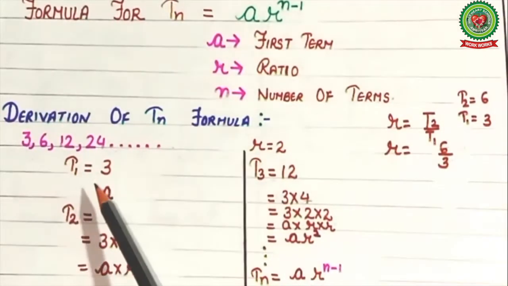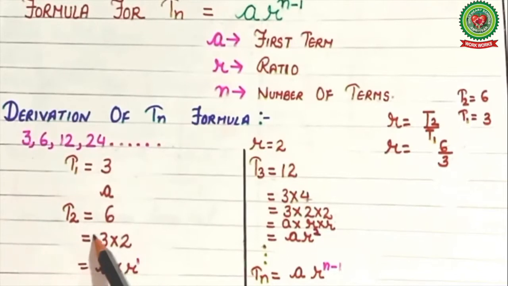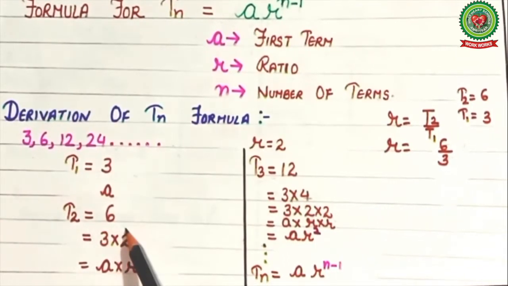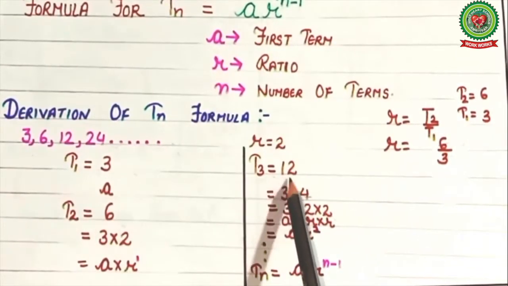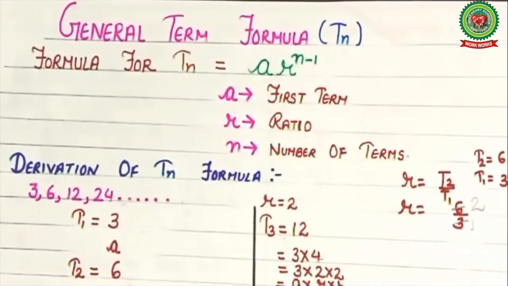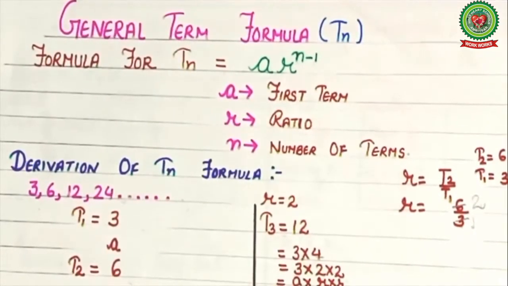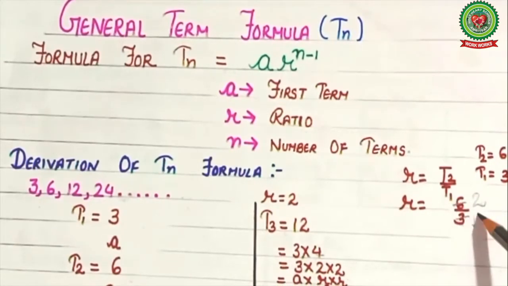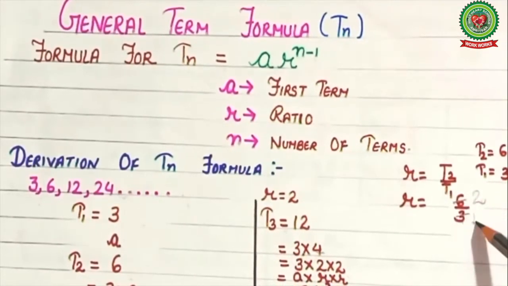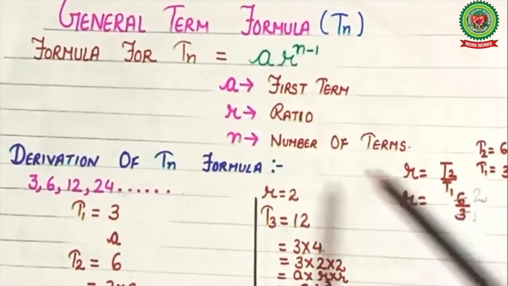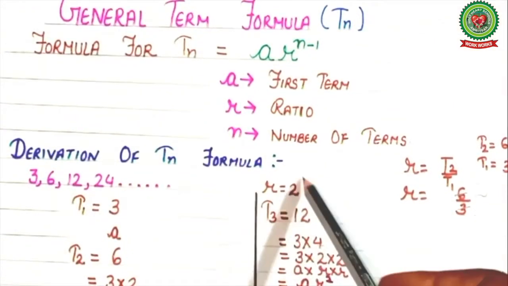Now, the first term is 3, the second term is 6 and the third term is 12. Fill in the values of the second term and first term, that is 6 upon 3. Do the cancelling. Ratio is equal to 2.